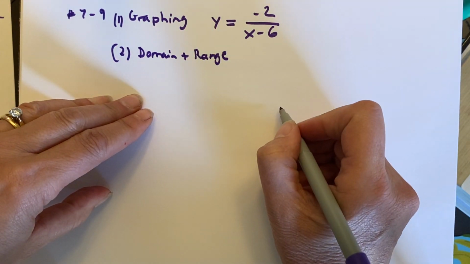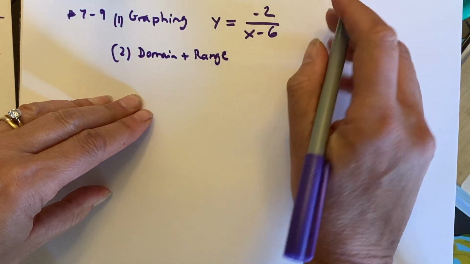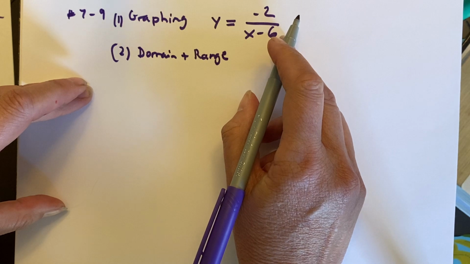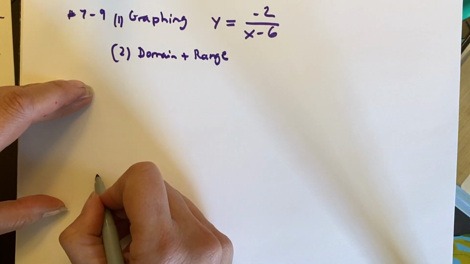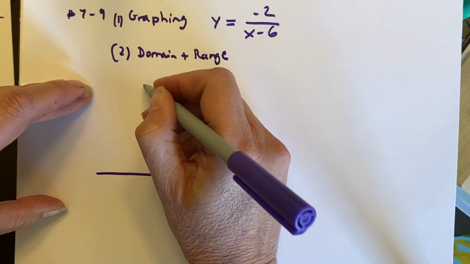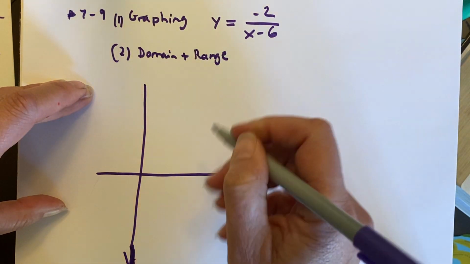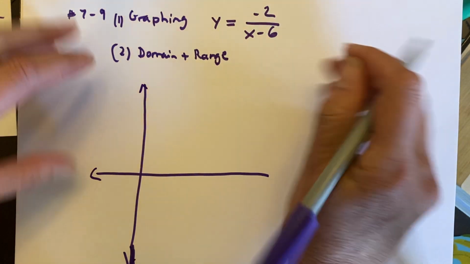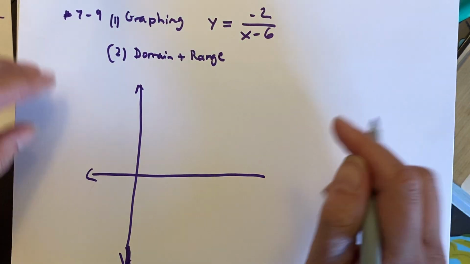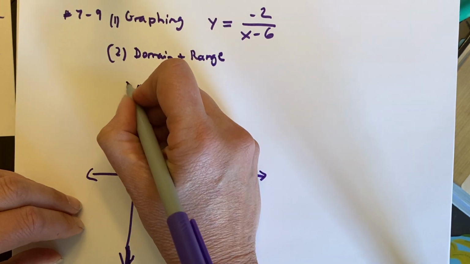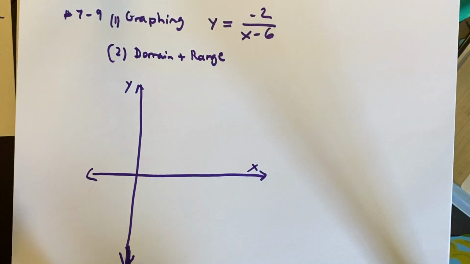So as I graph, I know that this has to be, let's see, I'll draw my graph down here. It's going to be shifted to the right, so I don't have to draw quite so much in that second quadrant. Draw it like that. Not the neatest graph in the world.